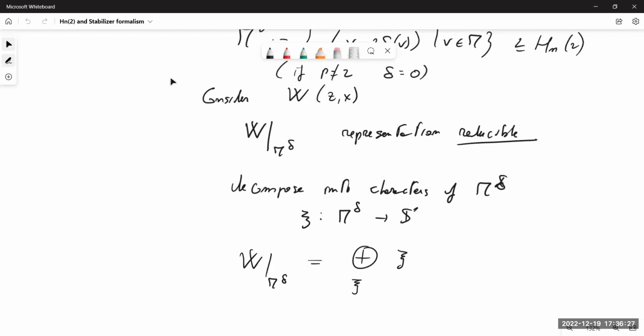Since this is a representation of M delta and is reducible by Schur's lemma, you can decompose this representation into irreps. And these irreps are all one-dimensional since the group is abelian.